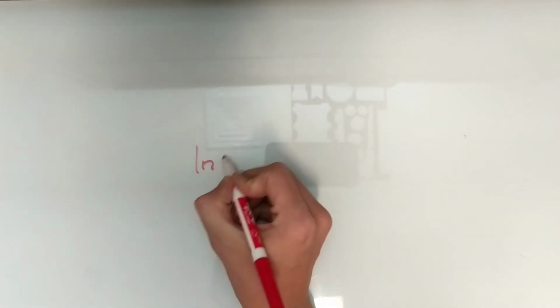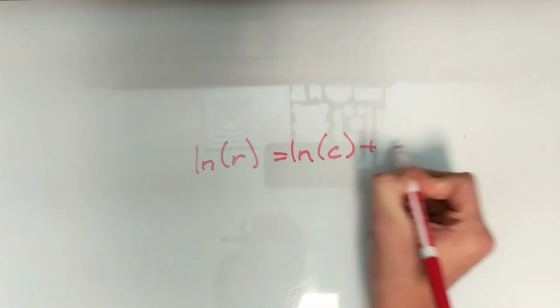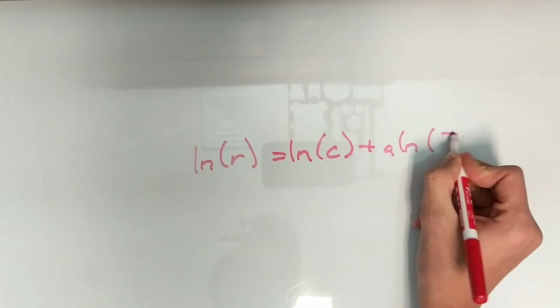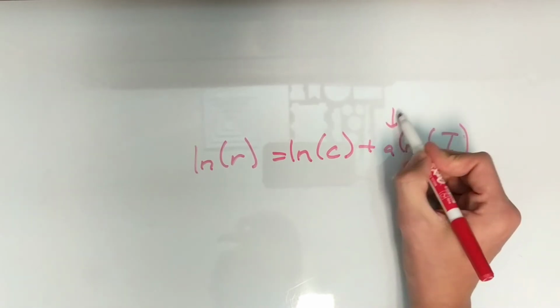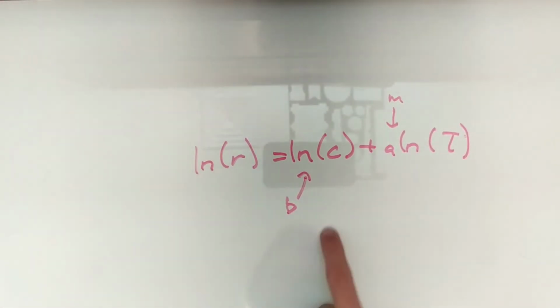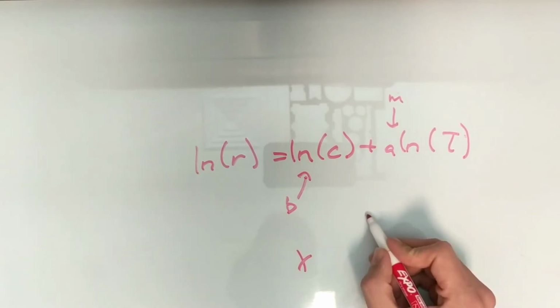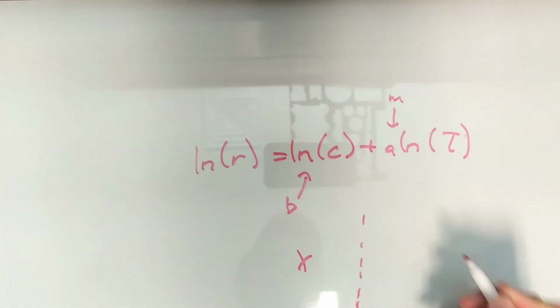Okay, the last one is problem 7, and like we mentioned before, now we have this equation where we have ln of r equals ln of c plus a ln of t, where this is our m and this is our b. So if you notice that there's no t on the left-hand side of our plus sign, that means our x will have a column full of 1s.